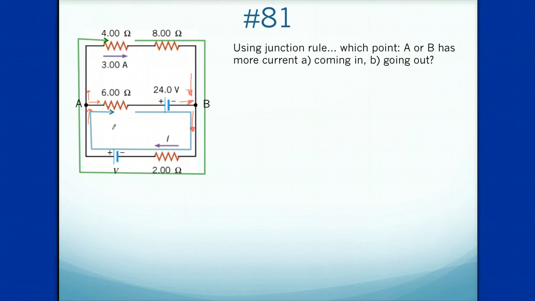So the current starts over here, comes into A, splits, goes out, and then comes into B, comes together and comes out, right? So that's the junction rule. We have coming in, coming out, coming in, coming out.